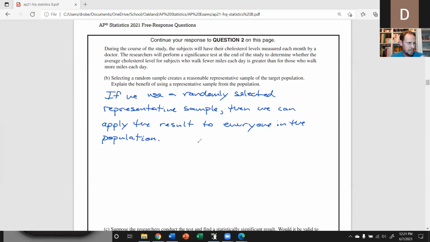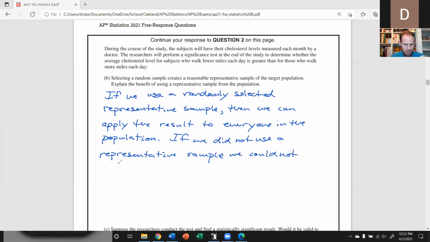And just to make sure I get the points here, I'm going to say if we did not use a representative sample, we could not apply the results to the population.